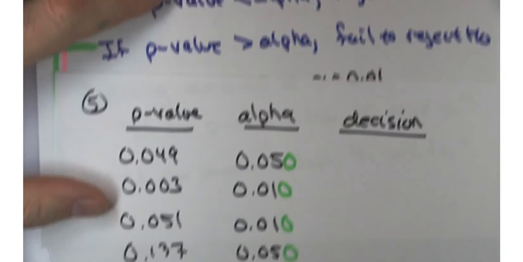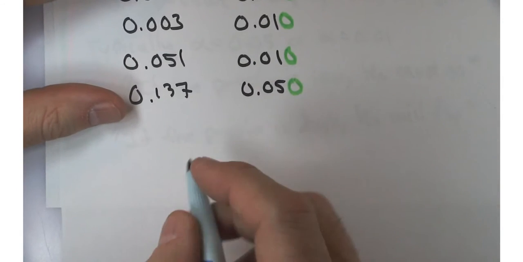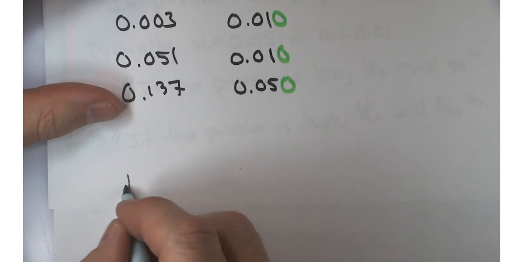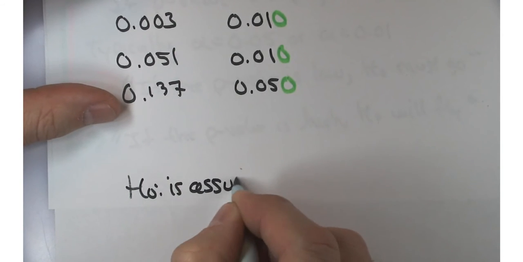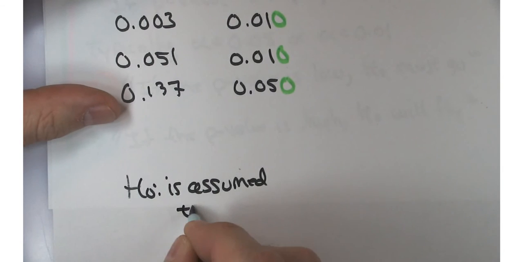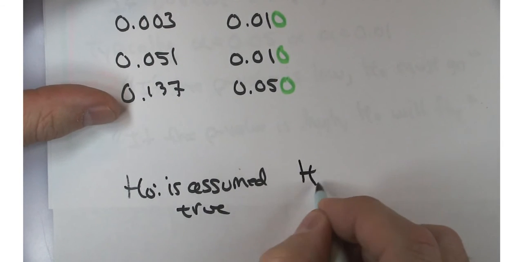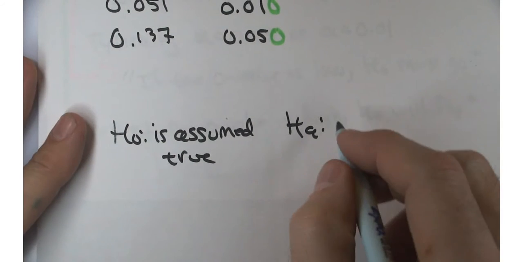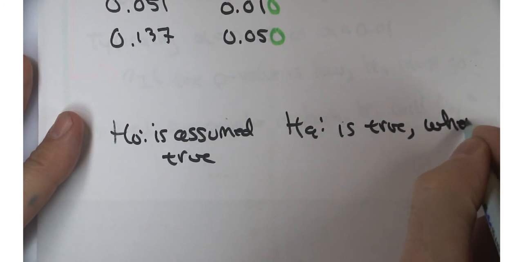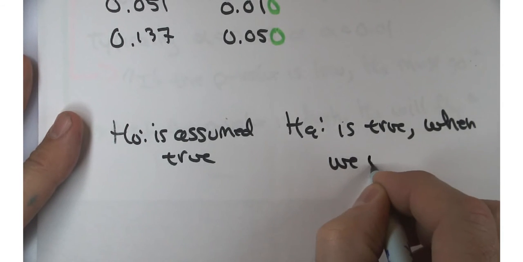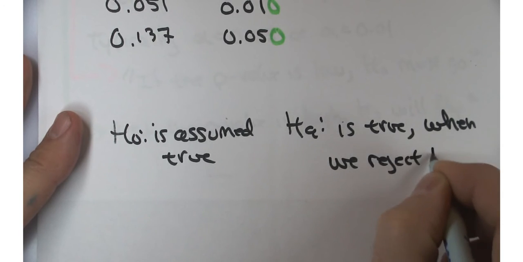When you're making these decisions, H naught is assumed true. And HA, that's the alternative. It's what's true if we reject H naught.